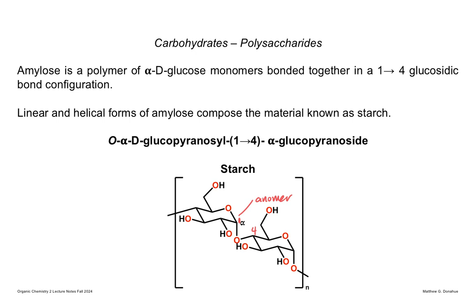This is amylose, or starch. It has different forms: linear, like a straight line, or it can start forming helices, where instead of a line, it starts spiraling. Those different forms have different properties.